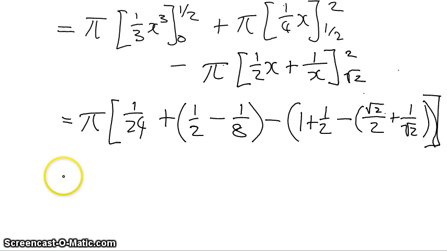So, let's keep going a little bit further. The pi is still at the front. Let's simplify this expression.